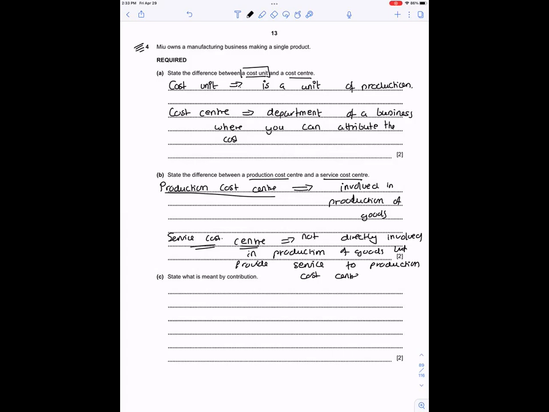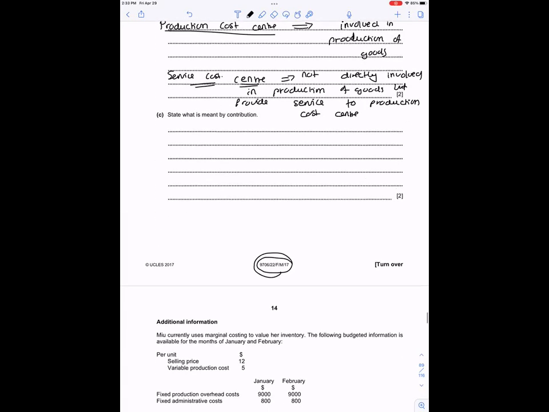What is contribution? Revenue minus variable costs. The difference between sales and variable costs is contribution. But only if you write this much, you're going to get 1 mark. What else can you write?